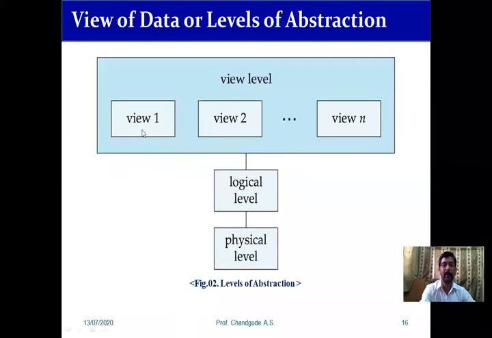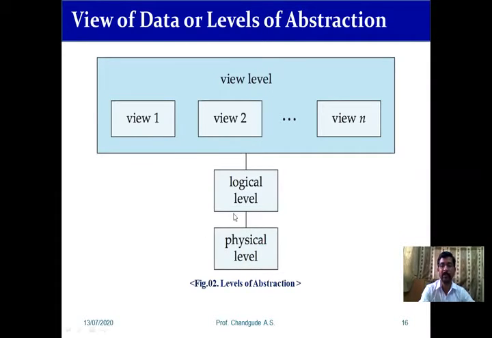After observing these diagrams of levels of abstraction, or views of data, you get the idea. The first level, the physical level, is concerned with how the data is managed: which data structures and interfaces are used to manage the data. All of this is decided under the physical level.